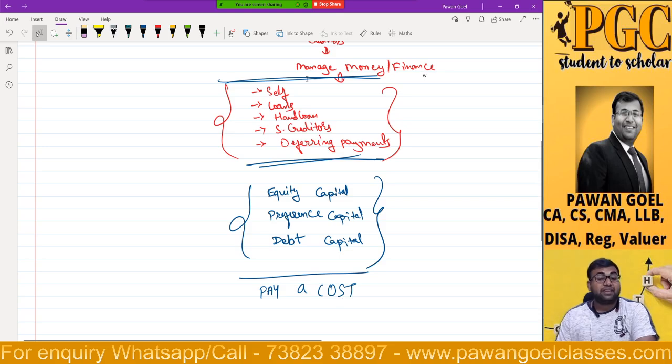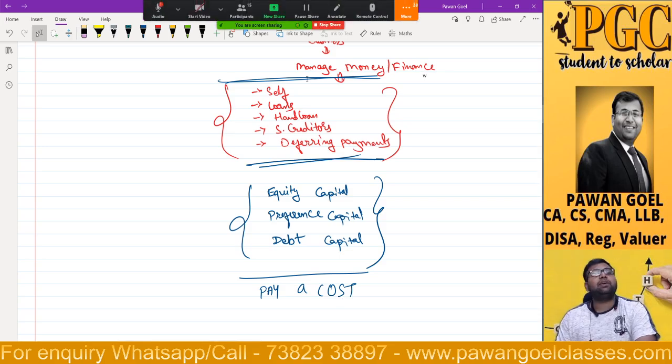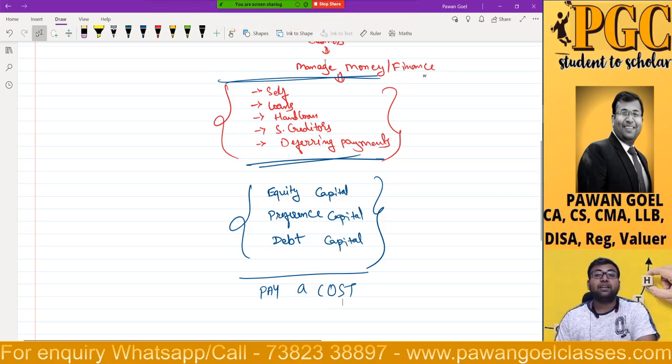Can I have any of this capital without having a cost? Would you get a loan without making payment of interest? Would you get preference shares without demanding a preference dividend? Would you get equity shares? Can you put up your own money without having an opportunity cost? So always capital is linked with cost. Yes or no, sir?